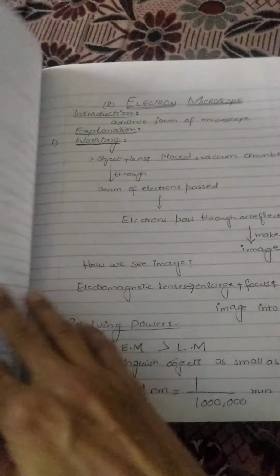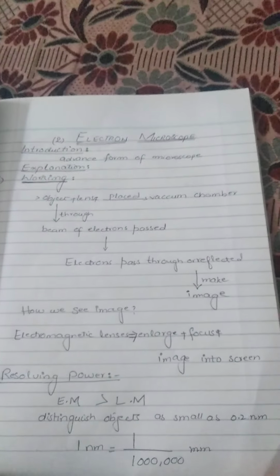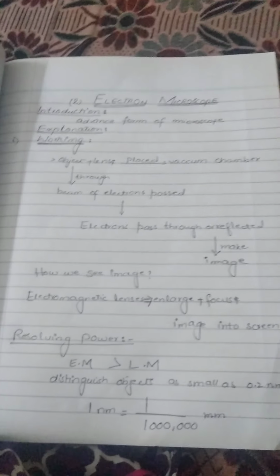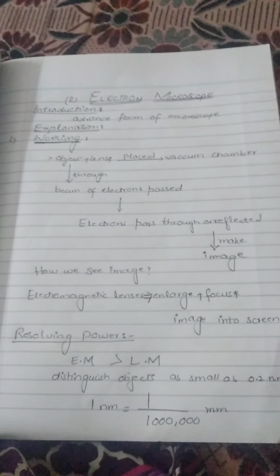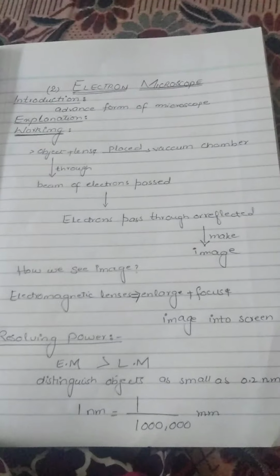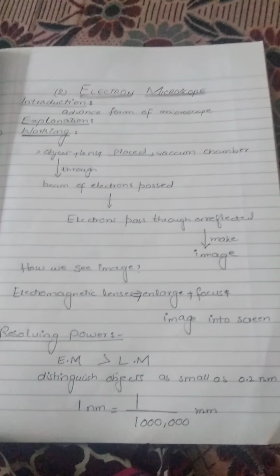Then we have electron microscope. First of all, introduction. It is the most advanced form of microscope. Then we come towards working of electron microscope. First of all, what is going on in EM?